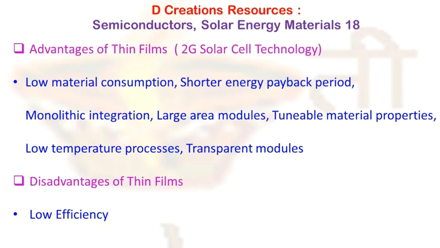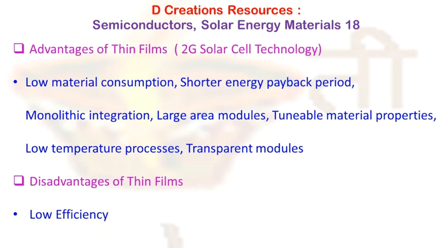So you will be able to tune the optical and electrical properties, and this flexibility is useful in realizing the multi-junction solar cells, where you need to harness large portion of solar spectrum. Now this is not possible with bulk wafer based silicon solar cells. So again, thin films have an advantage here.